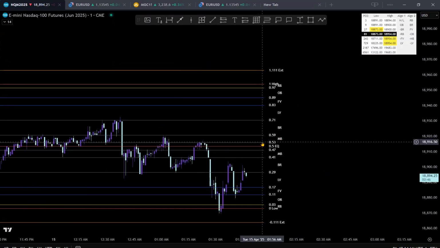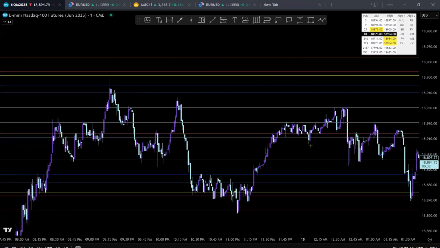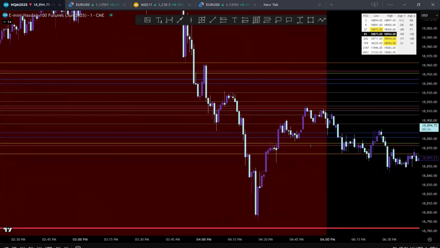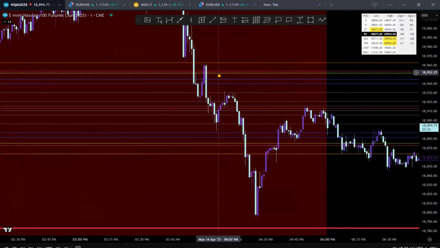But this one is going to be right above or right underneath your EQ level. And that's just literally where it's placed on the matrix. Visually, your dealing range is the order of the matrix.